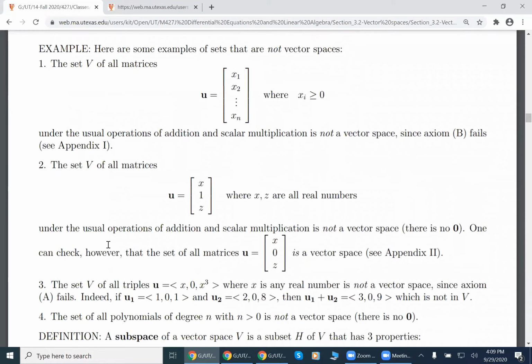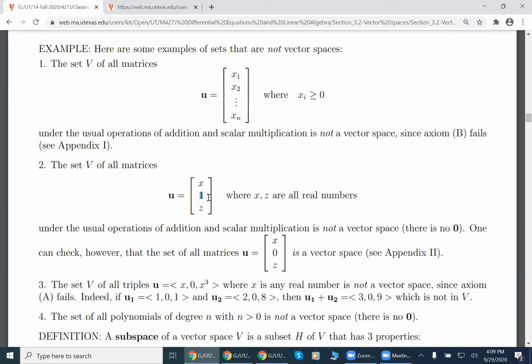Next example. Over here, the set of all matrices of this form is not a vector space. One of the reasons, there is no zero in this set. There is no zero because the middle component is not equal to zero. It is 1.